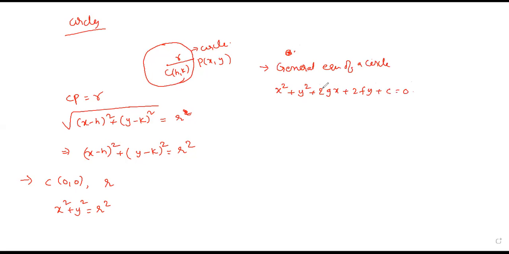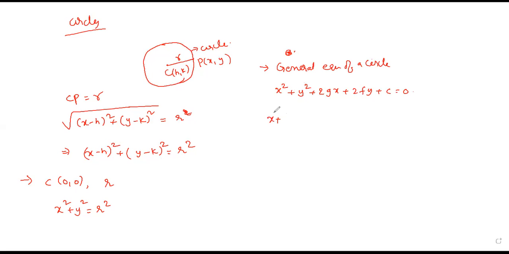This is called the general equation of a circle, because if you expand (x minus h) whole square plus (y minus k) whole square equals r square, we get x square plus y square and a 2hx term and a 2ky term and some constant. So you can take the general equation of a circle as x square plus y square plus 2gx plus 2fy plus c equals 0.